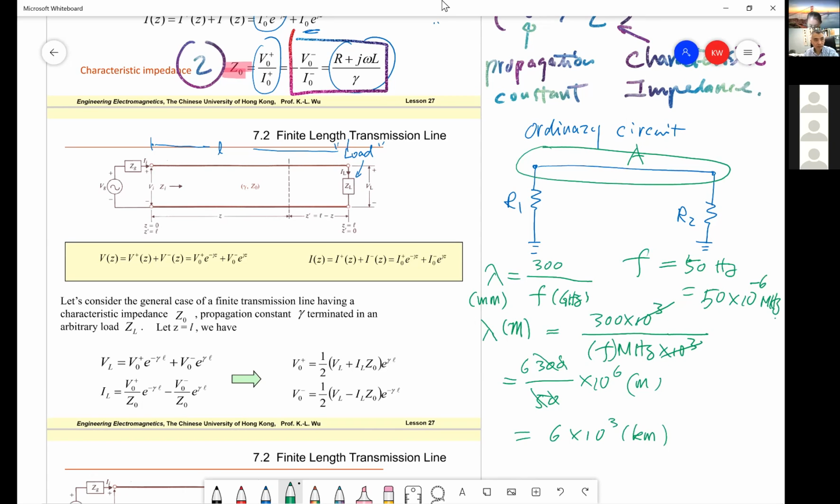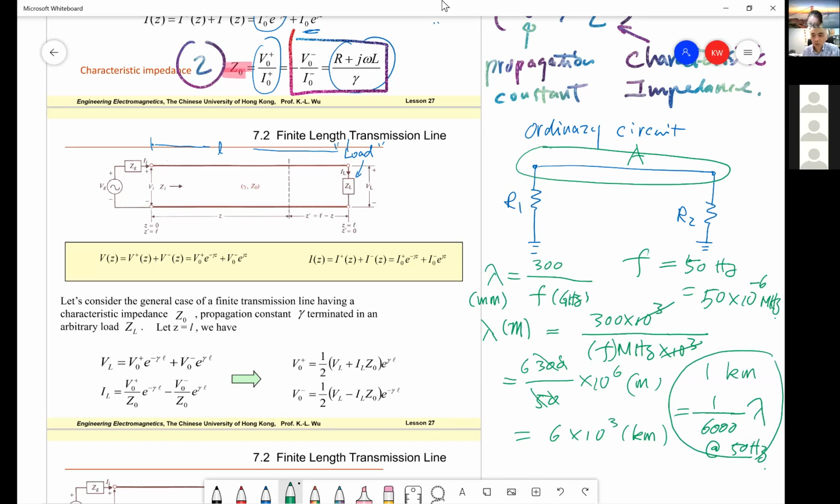This is one over 6,000 wavelengths for 1 kilometer at 50 hertz. All right, so really the physical length is so small compared to wavelength, so that's why we can ignore.